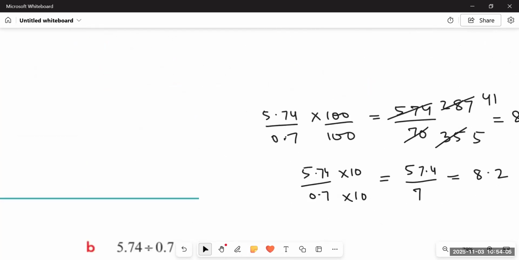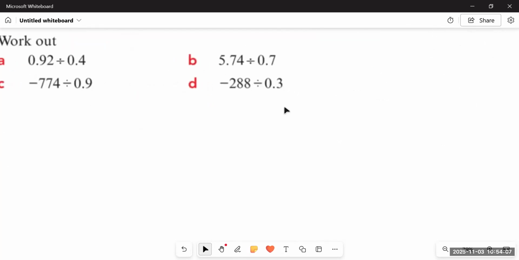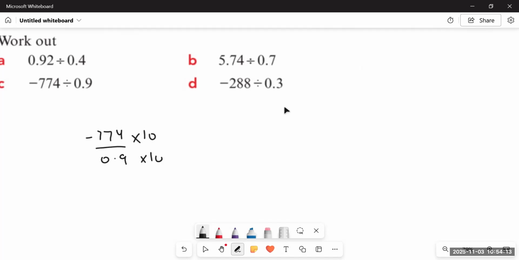Now the next one is minus 774 over 0.9. Let's multiply each of them by 10. It would become minus 7740 over 9. And then we will divide it by 9. So 9 eights are 72.